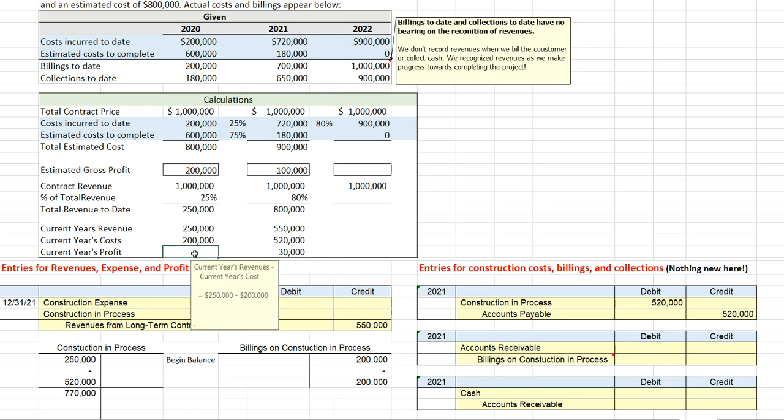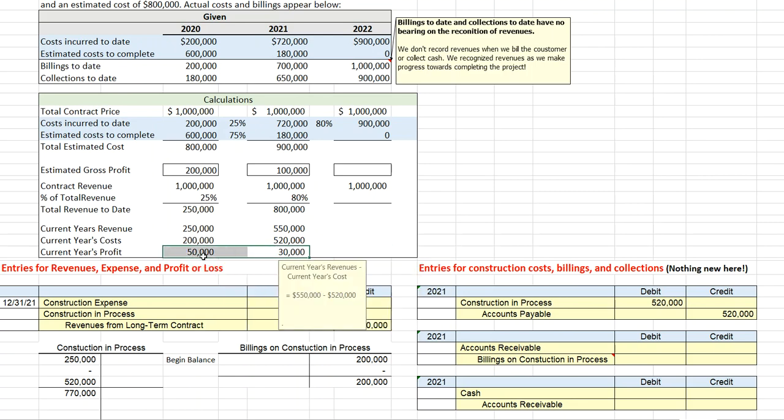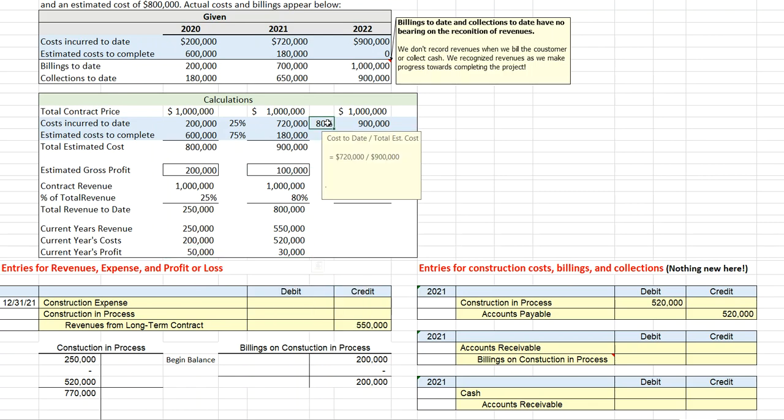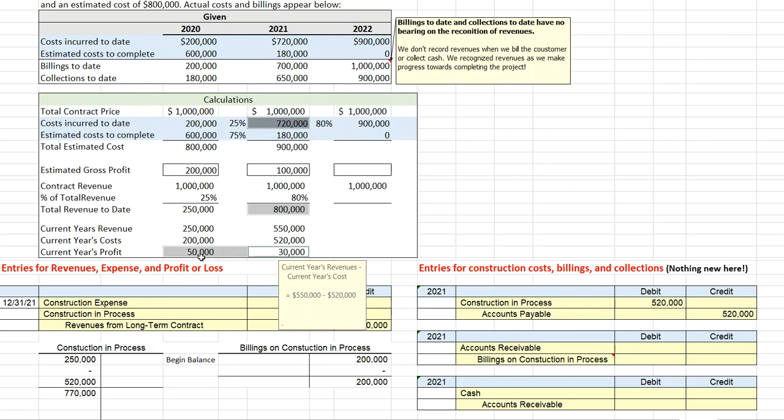We didn't put it here, but last year we had $50,000 in profit. And notice, in total we will have reported $80,000 in profit, which is 80% of our cost that we've completed. So in total, we would have reported 80% of our revenues, 80% of our cost, and combined over time, 80% of our profit.